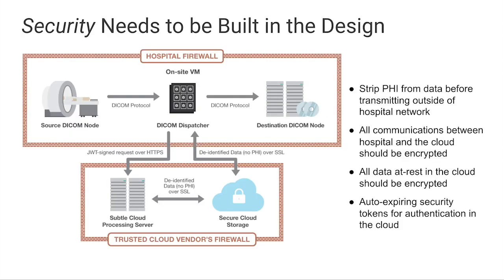What we propose, and what we think is the best practice here, is that you have a small instance on-prem, sitting within the firewall of the hospital or imaging center. That instance just performs the de-identification and re-identification and strips the sensitive information from the image data. Then you package the image data, send it to the cloud, and let the cloud handle the heavy lifting of the AI app.